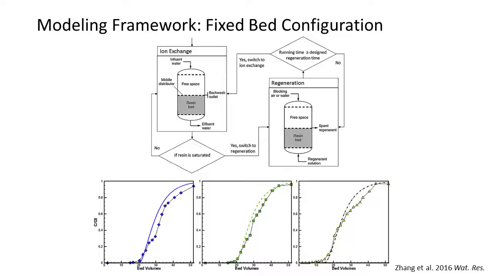Jay did some work there in terms of being able to vary the regeneration efficiency. From some other work we had breakthrough profiles over multiple regeneration cycles, and through this modeling Jay fit to those and showed relatively good fit between the model and the data. So this is an example of one of our modeling frameworks: fixed bed treatment, fixed bed regeneration.